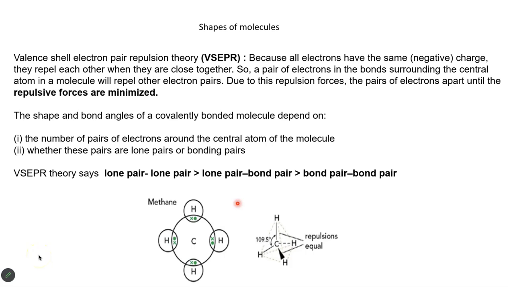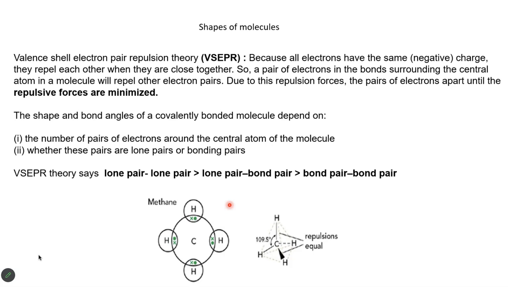Well, we have been discussing bonding in molecules, but then we also have to talk about structure, or even in some cases shapes of molecules. You see, structure and shapes are completely different things.